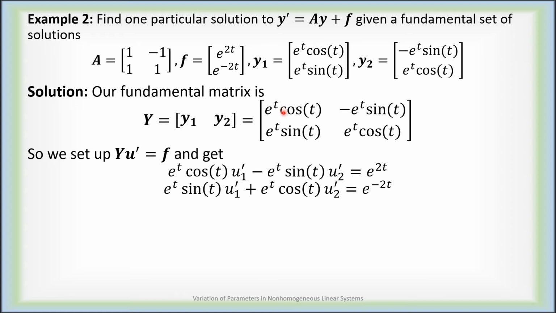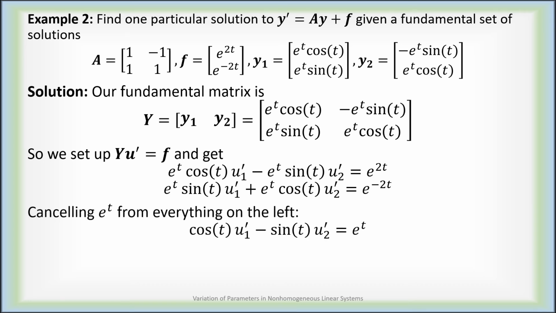E to the t cos t times u1 prime minus e to the t sine t u2 prime equals the top row of the forcing function e to the 2t. And in the bottom row, you'll get e to the t sine t u1 prime plus e to the t cos t u2 prime equals e to the minus 2t. If we cancel e to the t from every term, we just get the following.